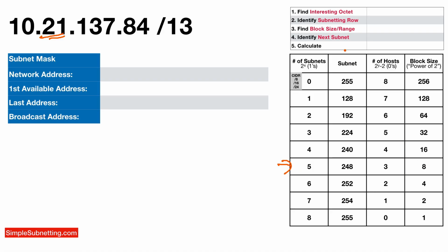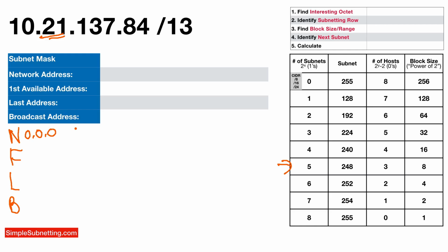Next, we need to find the block size. Before we do that, I like to write N for network, F for first, L for last, and B for broadcast. Okay, so now the block size is 8. So we need a little bit more room, so you probably have to write a little tinier. So it would be 0.0.0.